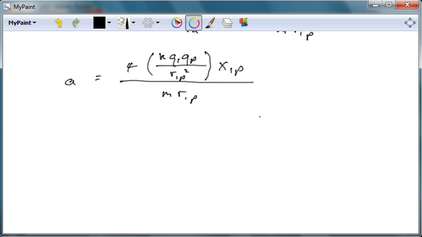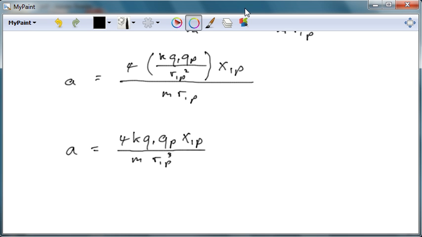Alright, simplify that expression a little bit. I get A is equal to 4 K Q1 QP X1p divided by m times r1p cubed.